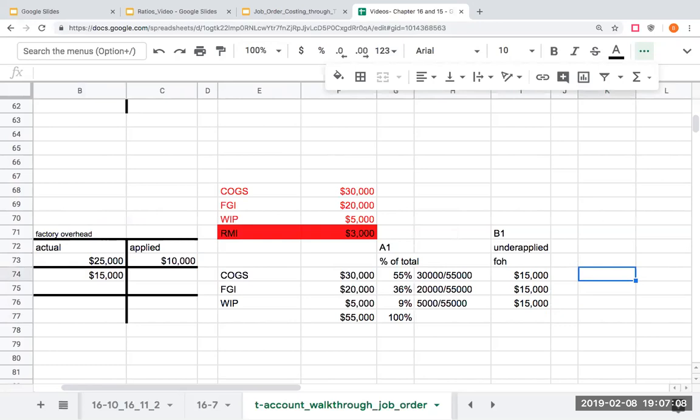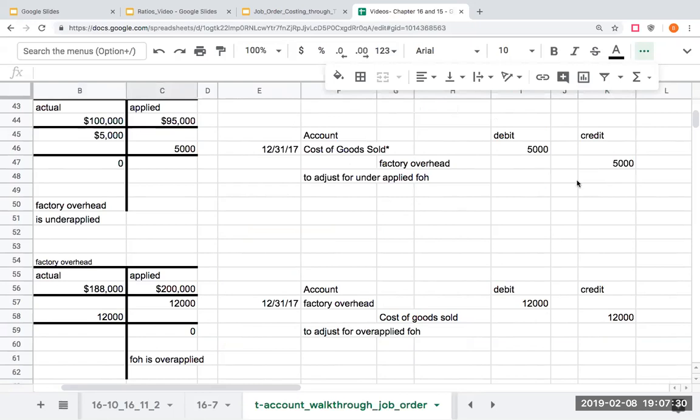What I'm going to do for my journal entry is not just take it all to cost of goods sold. Rather, I'm going to take this underapplied factory overhead and apply it to these different accounts. So here, I'm going to credit factory overhead.